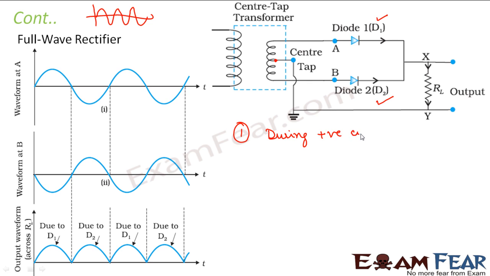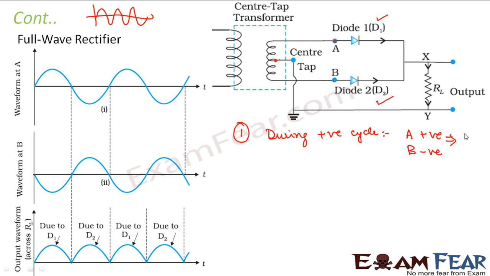During the positive cycle of the input, the voltage at A will be positive with respect to the center tap, and the voltage at B will be negative, right? Because both cannot be positive. One has to be positive and the other has to be negative. So in the positive cycle, voltage at A is positive and voltage at B is negative.